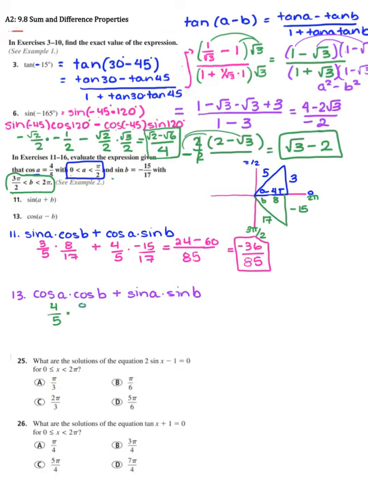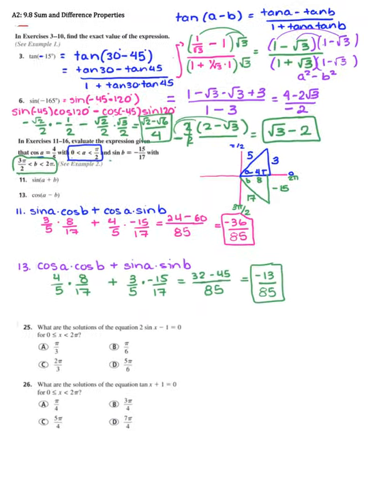Cosine down below from the green triangle, adjacent over hypotenuse. Sine of A is 3/5, and sine of B, negative 15/17ths. So same denominator, 85, the 5 times 17. On top, this time I have 32 minus 45, and that is going to simplify out to a negative 13 over 85. And that would be that answer.